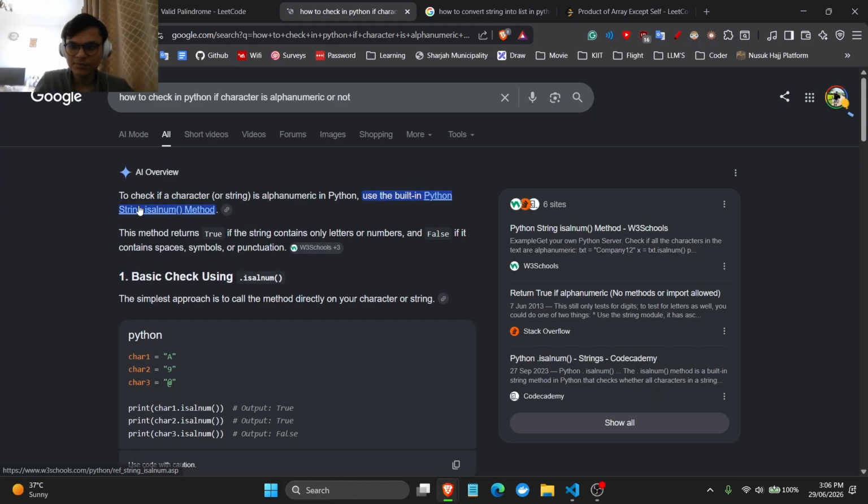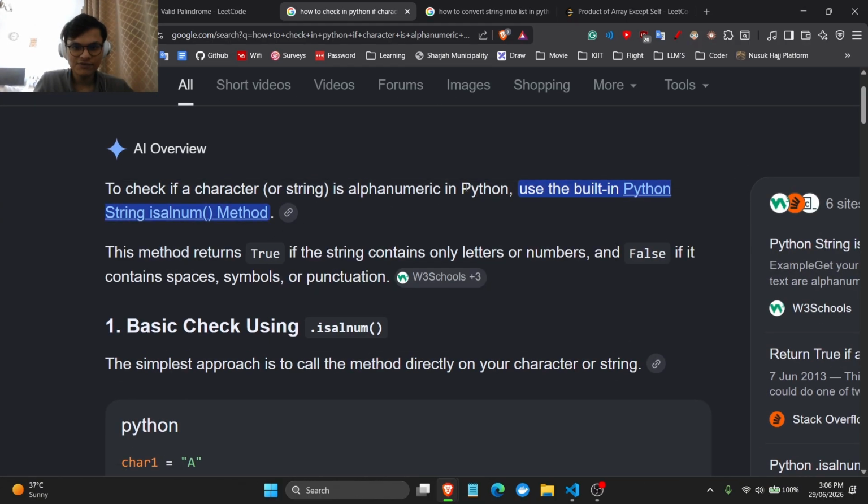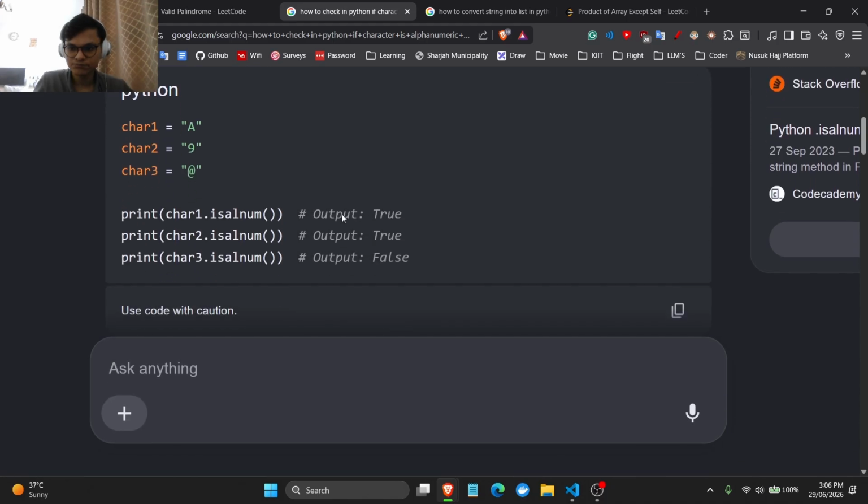Okay, isalnum. To check if a character or string is alphanumeric in Python, use isalnum.